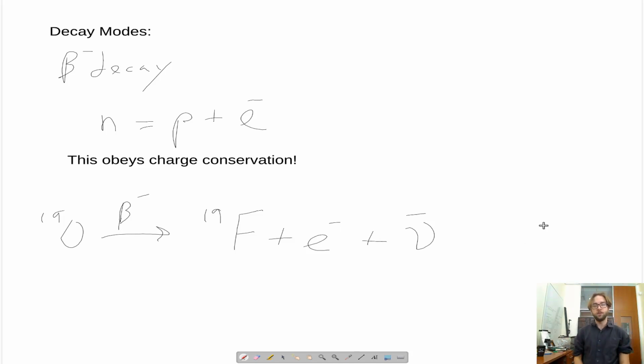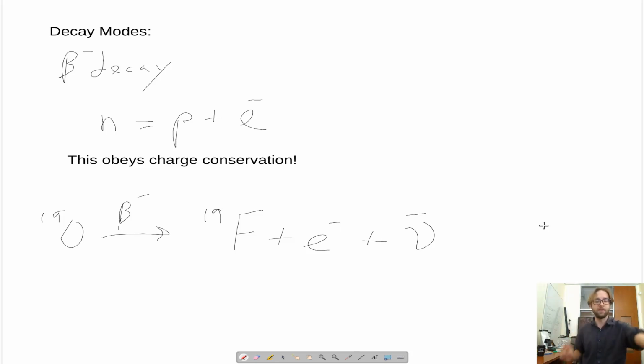Neutrinos are denoted by the letter nu, and an antineutrino has the bar over it. It's charge neutral, and the antineutrino is there to conserve the angular momentum of the system. We won't be going into that right now, but that's why the antineutrino exists. So the A number doesn't change, you get an antineutrino, and the charge doesn't change.